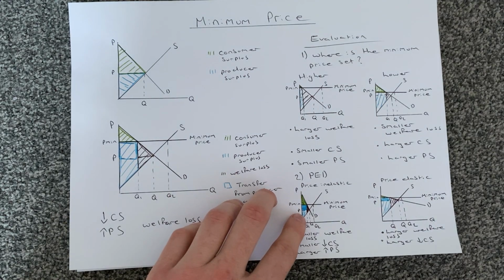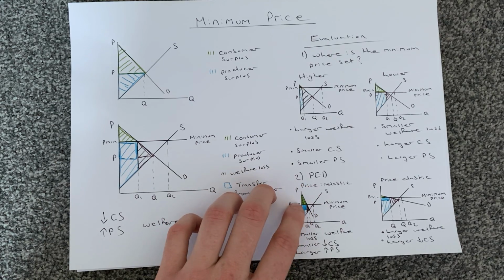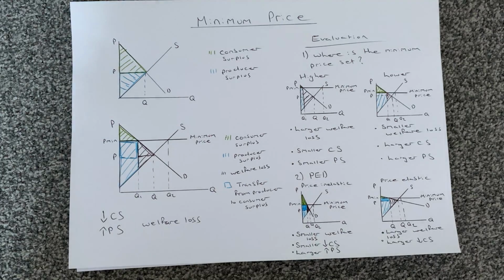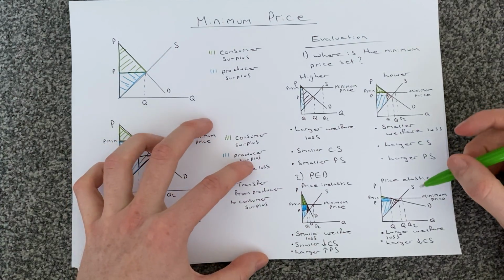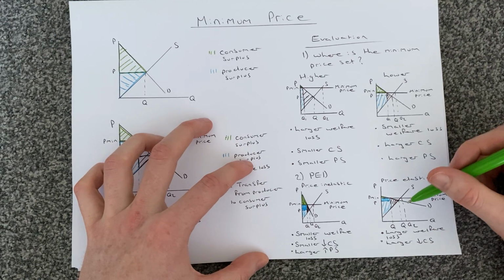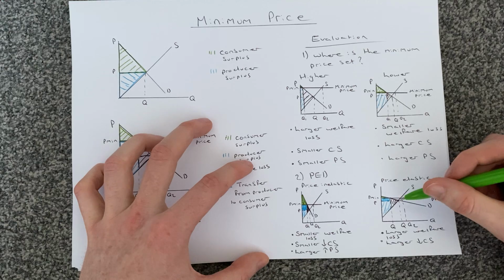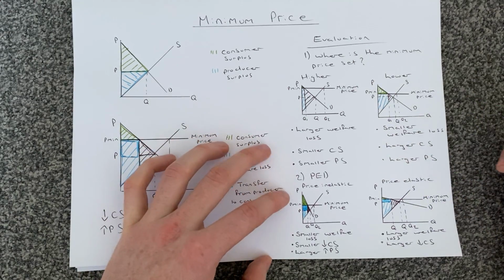The increase in the producer surplus, if the product is price inelastic, is relatively larger in comparison to the previous producer surplus. Whereas if the product is price elastic, we would see a smaller increase in producer surplus relative to the original producer surplus.